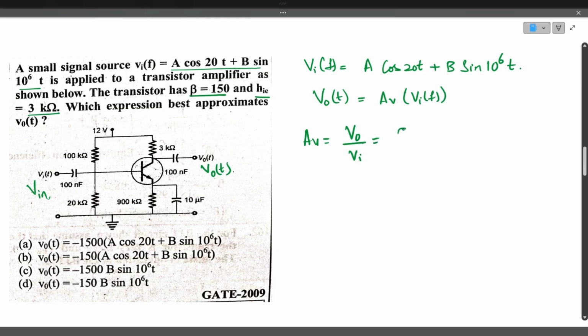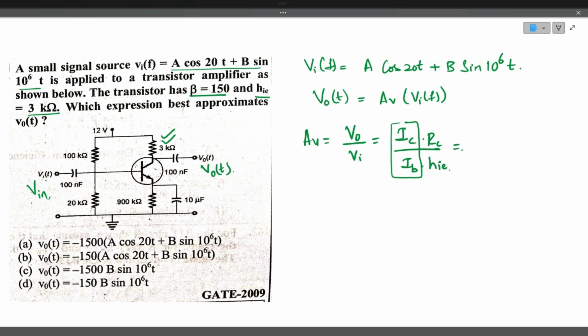The output voltage is the collector current, the output current, multiplied by the load impedance, divided by the input current, the base current, multiplied by the input impedance, that is HIE. Here the load resistance RL is nothing but the collector resistance. Now IC by IB can be written as the current gain, because this is the output current by input current. So current gain AI multiplied by collector resistance RC divided by input impedance HI.